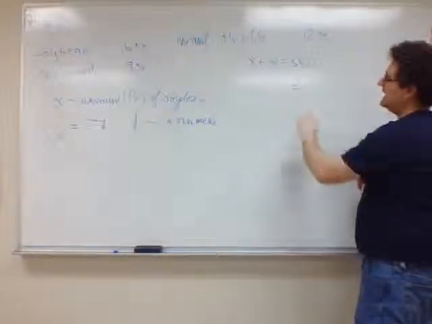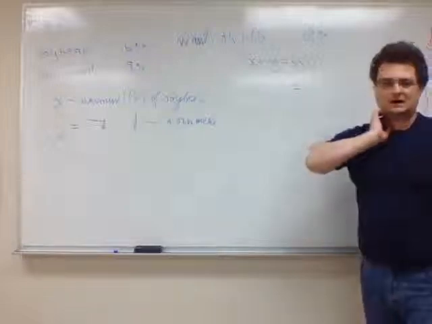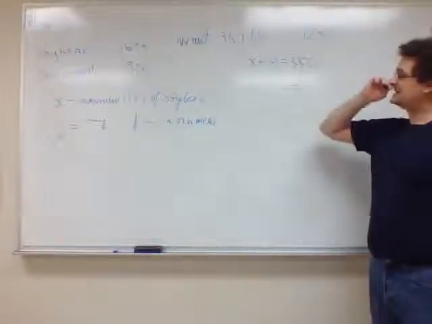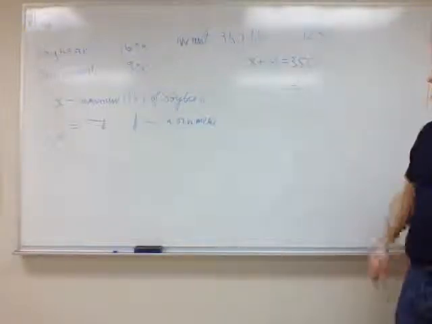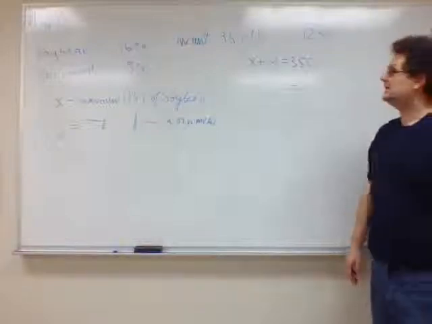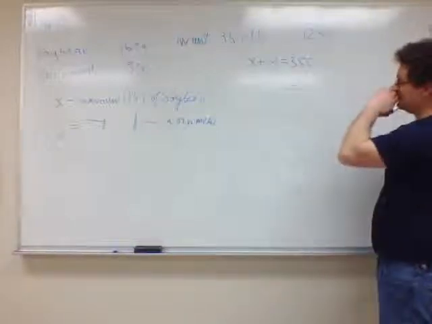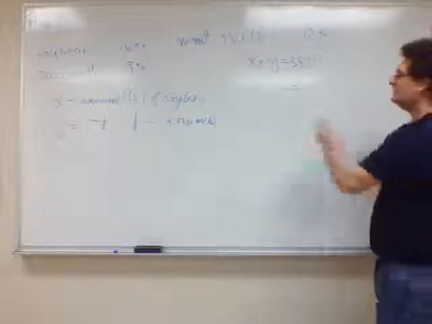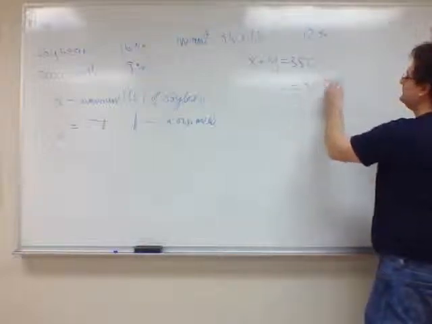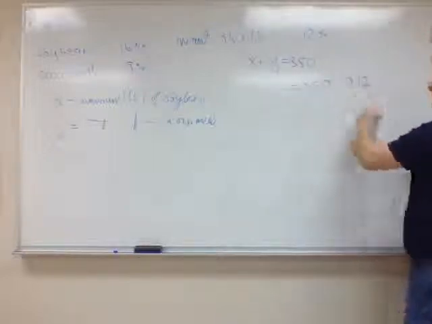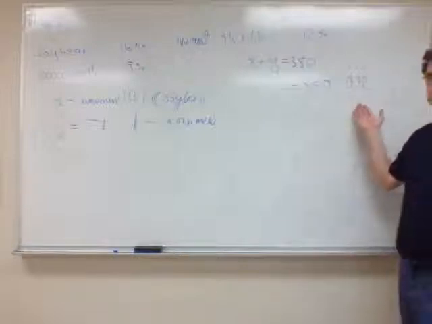So if you have 350 pounds and 12% of that goes on proteins, that means in total how many pounds of proteins do you have? Well, you have 350 times 12%, which is 0.12.